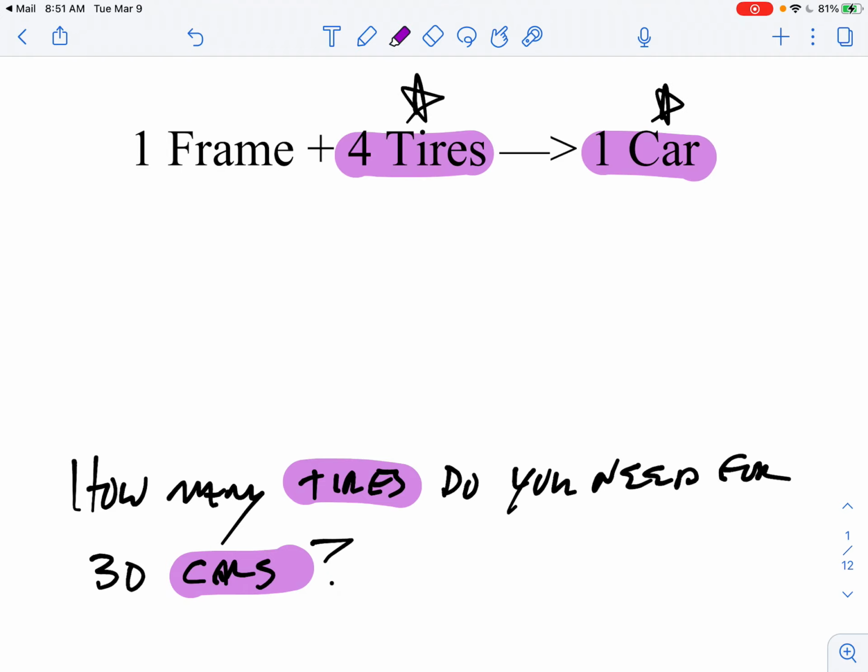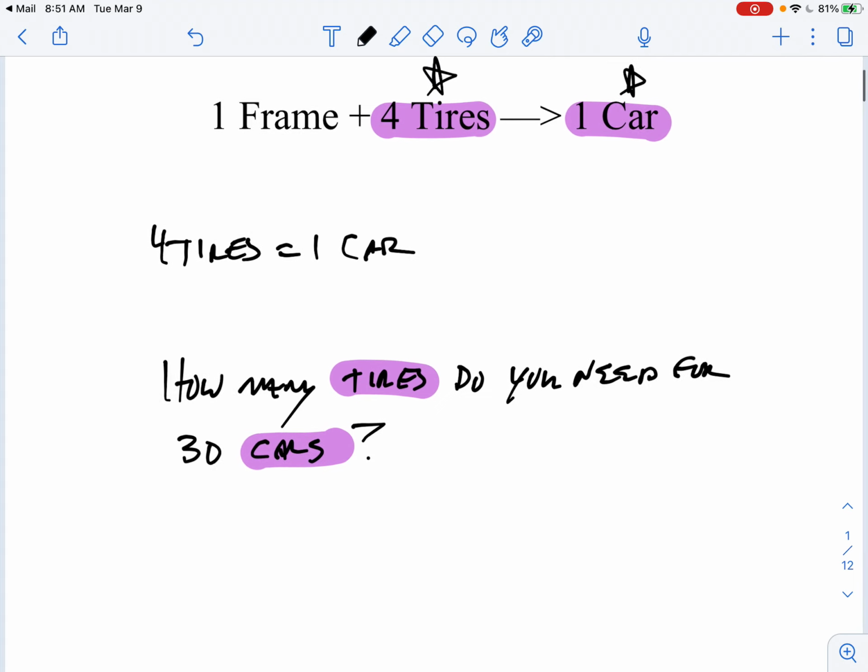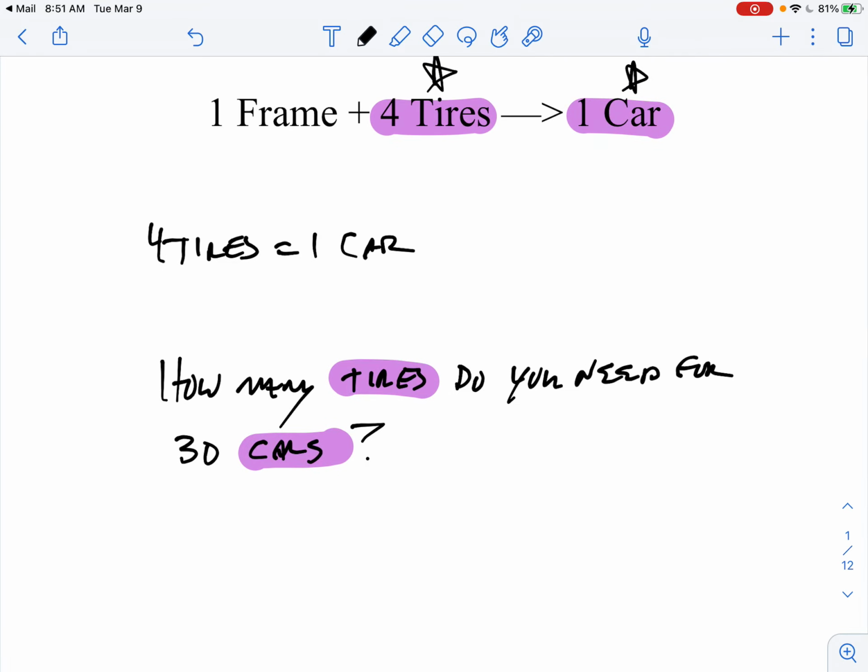And what you can say then is 4 tires equals 1 car. And then you can go through and solve the problem. Now, I'll bet most of you can just do this in your head, because if there's 30 cars, you know how many tires you're going to need. But when you get to the chemistry parts of things, it's not quite as easy and not quite as obvious. So what are we going to do?